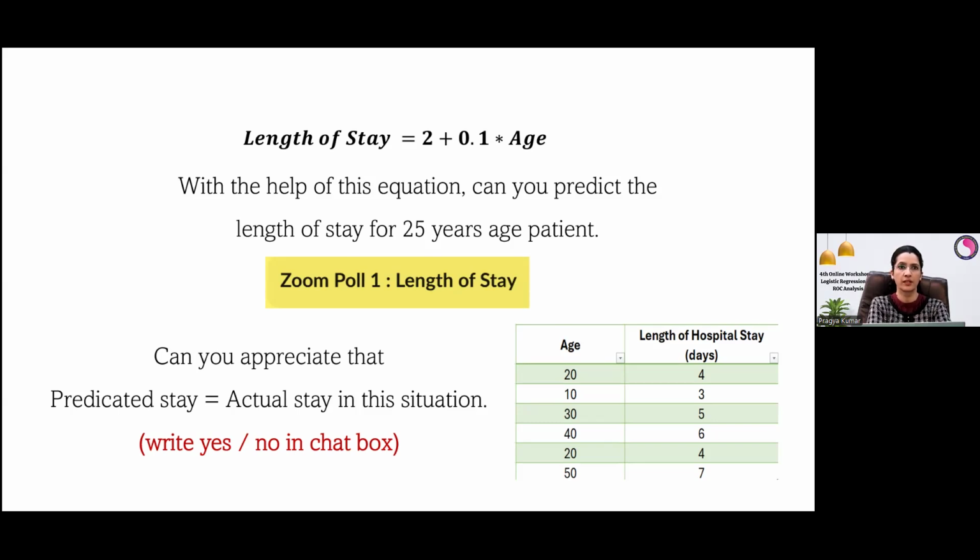So Dr. Anuradha is writing 4. If I have to see for the 25 year. So if you multiply 25, it will be 5.4 days.